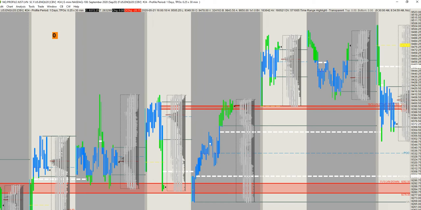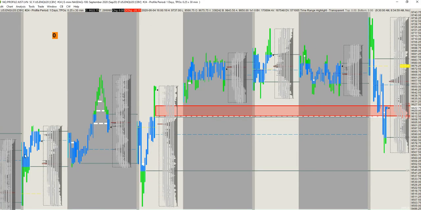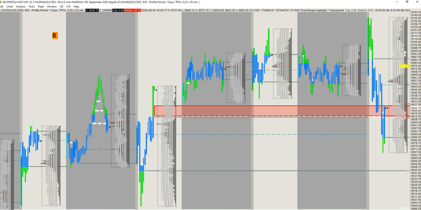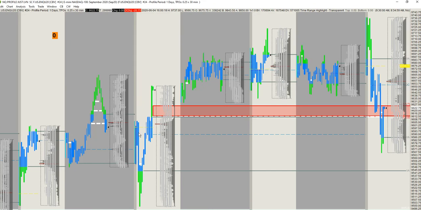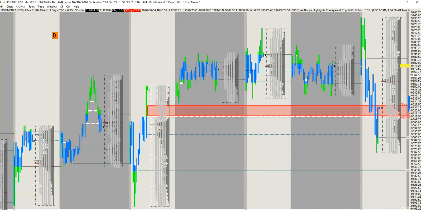However, now the next day, so I'm just gonna scroll down. So this is June 1st, June 2nd. All right, so this day value is here, value is overlapping to higher, we close above it, right? Nothing scary.